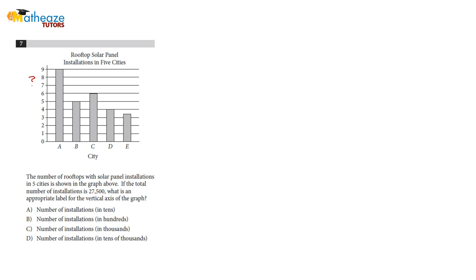So let's look at the number of installations. For A, we have 9. For B, we have 5. For C, we have 6. For D, we have 4.